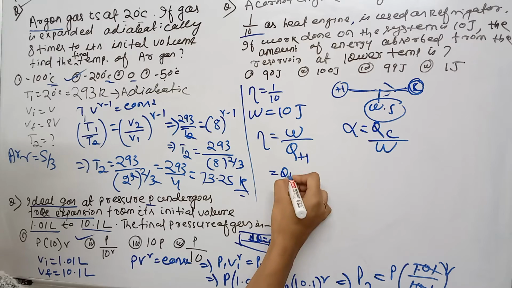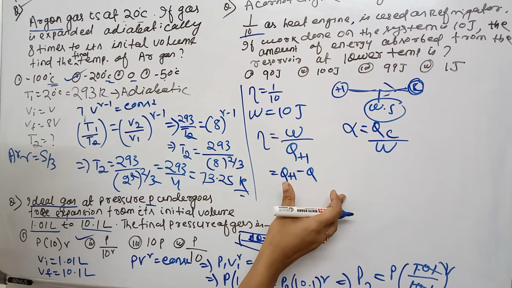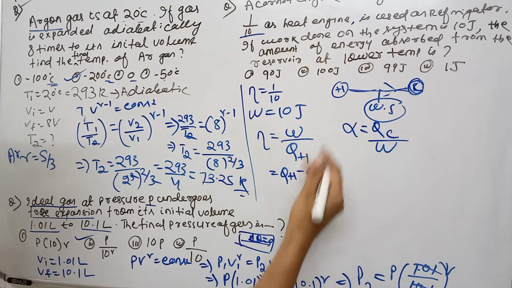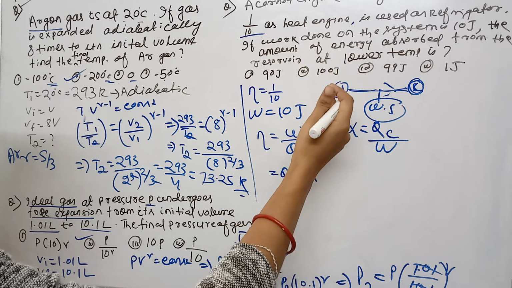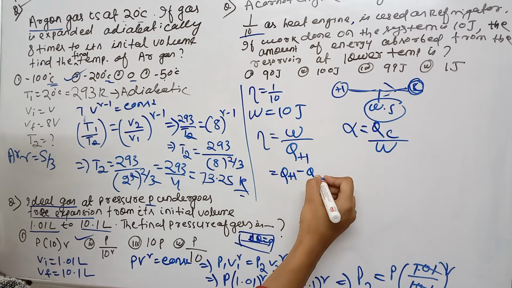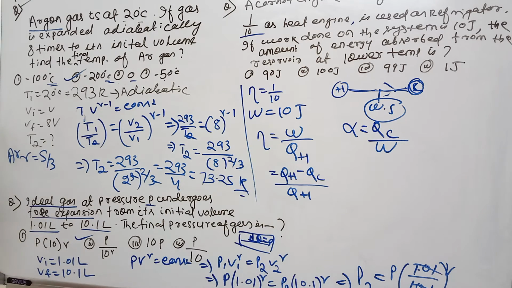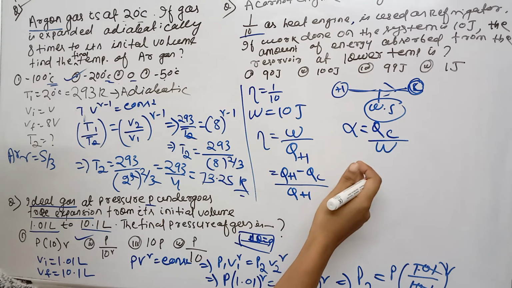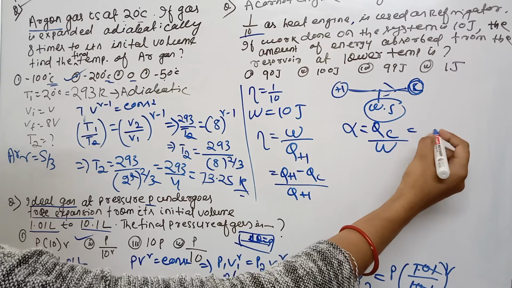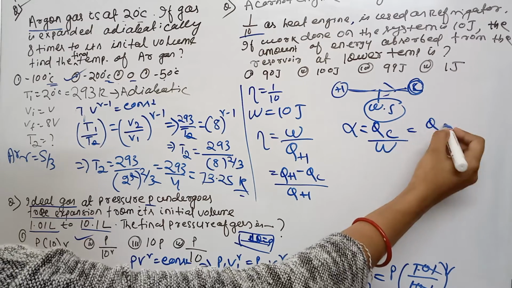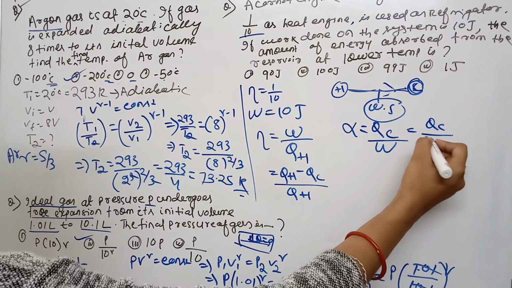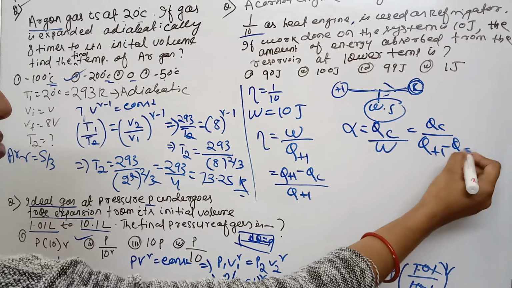Work done is always the difference of the heat between the source and the sink, that is QH minus QC. This is for the hot reservoir, this is for the cold reservoir. Now alpha is equal to QC upon W, that is QC upon QH minus QC.